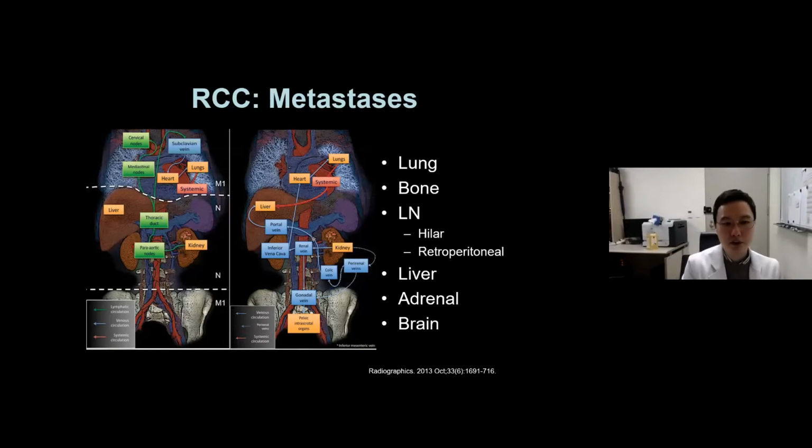The common sites are lung, followed by bone, lymph node, liver, adrenal, and brain. The regional lymph nodes for RCCs are hilar or retroperitoneal lymph nodes, and when lymph node involvement goes beyond this, it should be considered distant metastasis.